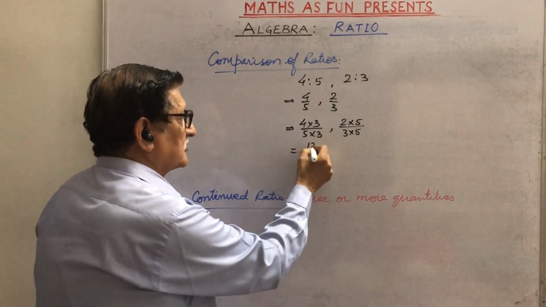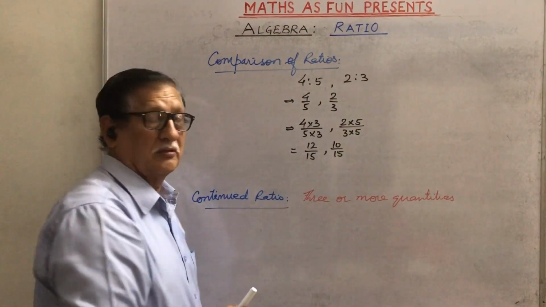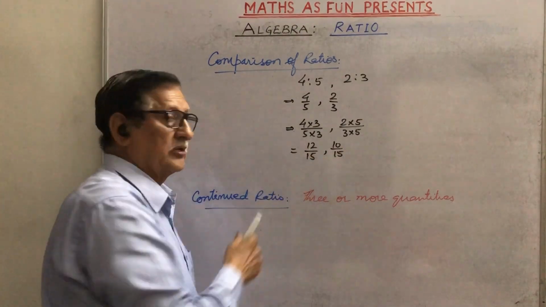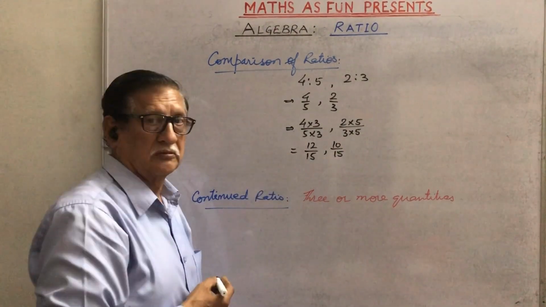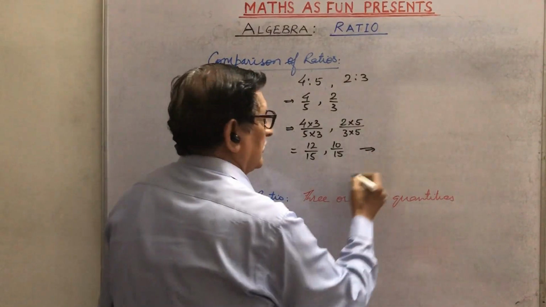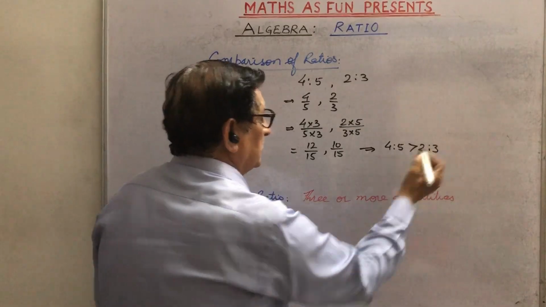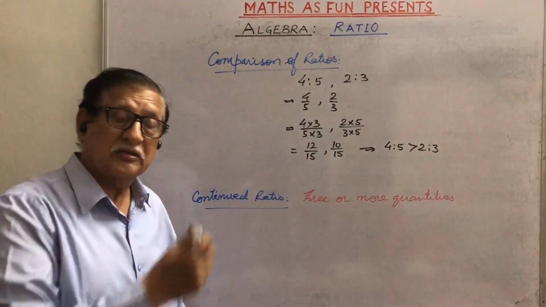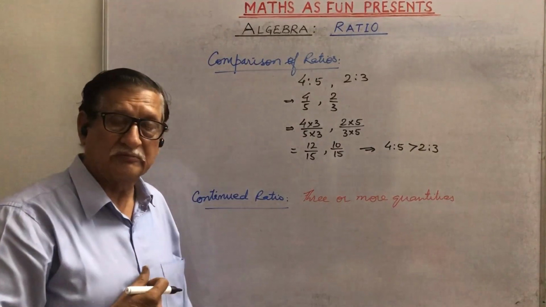Now we are finding this is 12 upon 15 and this is 10 upon 15. Now we can compare the numerators, or the antecedents. We find that this is greater. So we can say that 4:5 is greater than 2:3. Like this we can compare any number of ratios, sometimes more than 2 also.